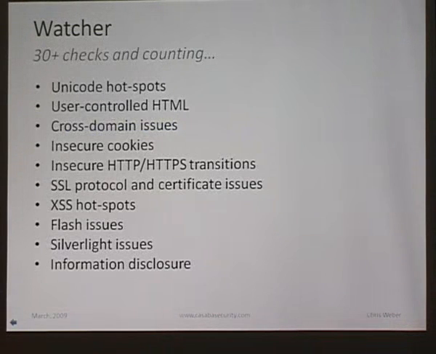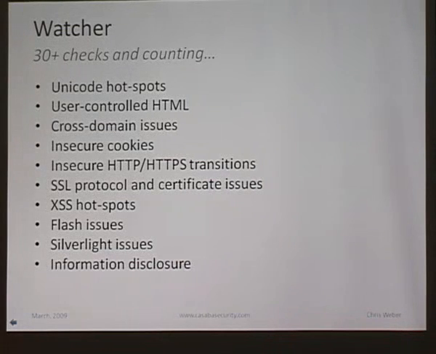Some of the checks are listed here. Obviously, I want to find some Unicode hotspots related to the issues I was talking about earlier. I want to find places where a user can control HTML attributes. We want to look for cross-domain issues, like mashup issues common in social networking sites, where you might be calling script from a separate domain.